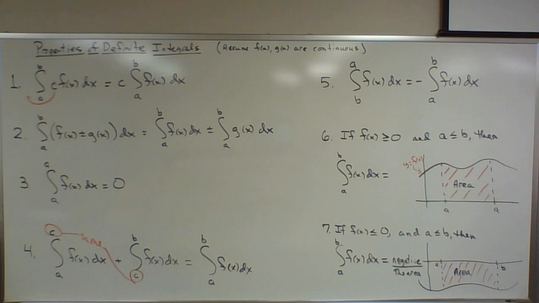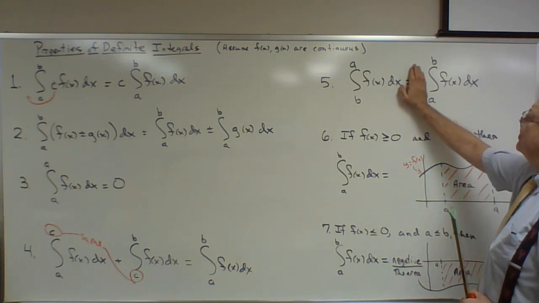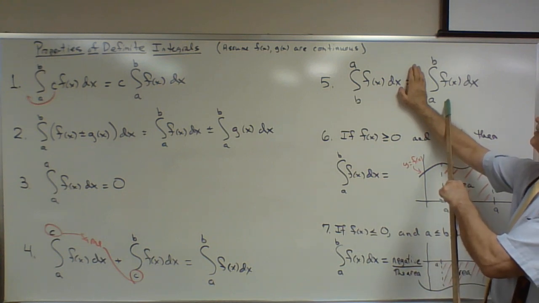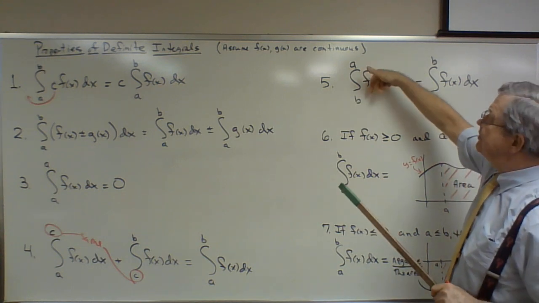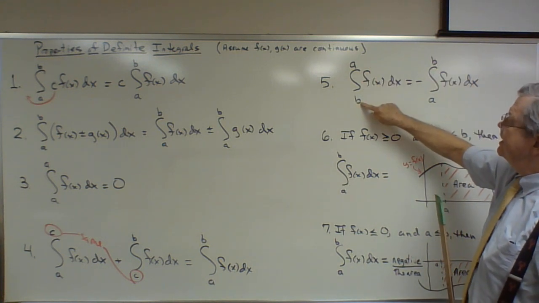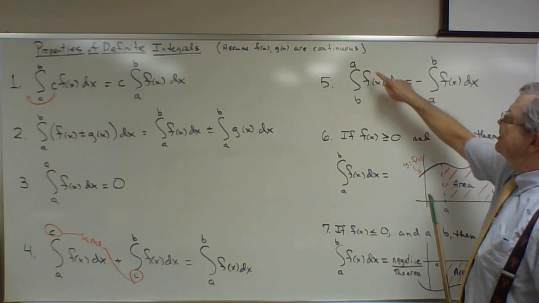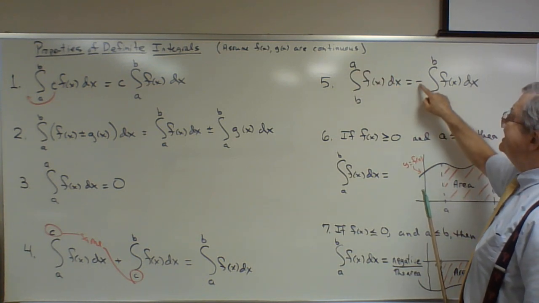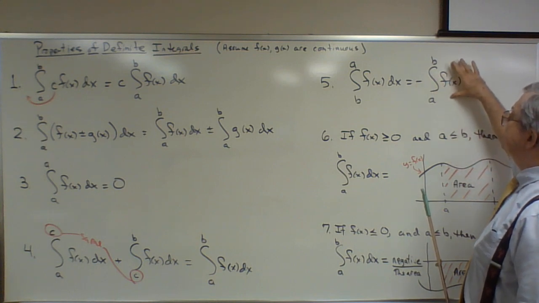The fifth property, did you ever wonder what would happen if we took the integral from a to b of f of x and switched the upper and lower limits? We took the upper limit, put it down here, and we took the lower limit, put it up here. Well, the resulting integral would be the negative of the original integral.